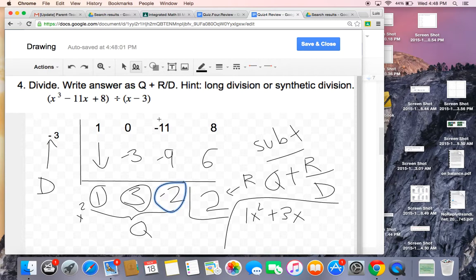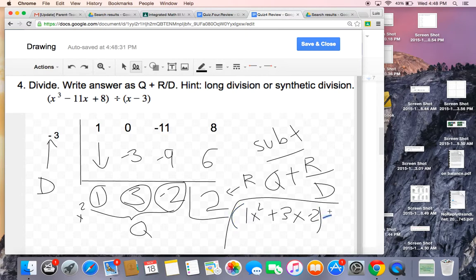Originally in this column, negative 11 represented the coefficient of x to the first, but since I divided, this becomes the coefficient of x to the 0, or just a number by itself. So I'm just going to get minus 2. Now I want to write it as quotient plus remainder over divisor. So this is my quotient, or my result, 1x to the second plus 3x minus 2.